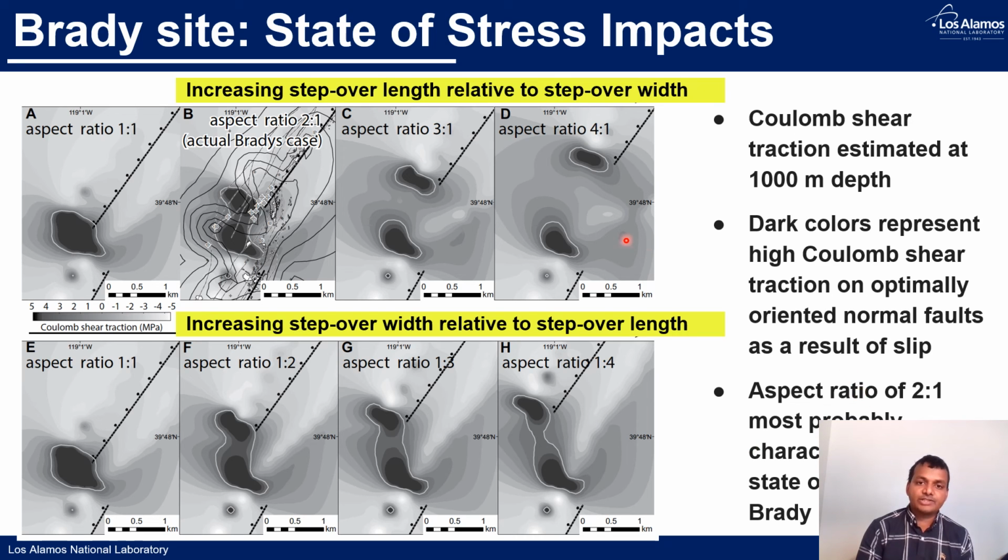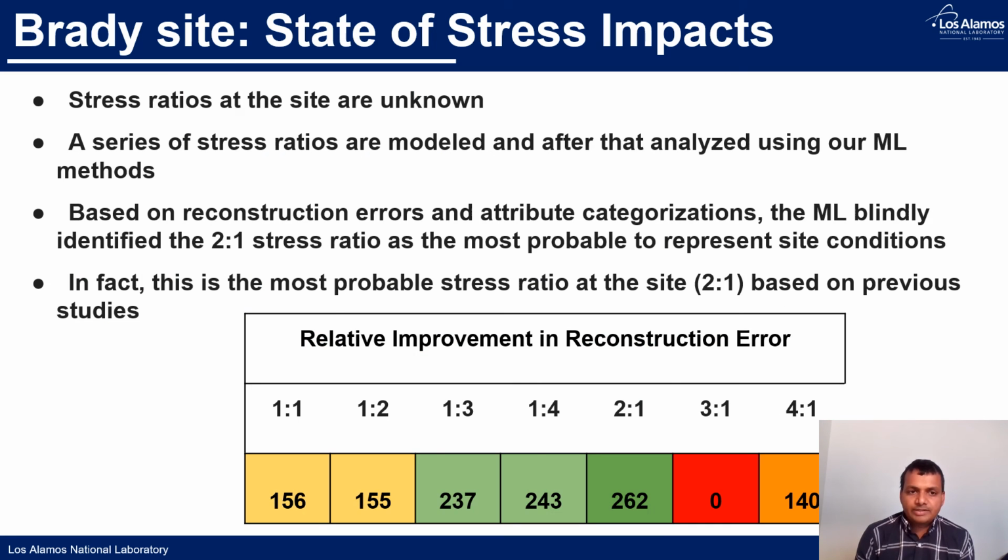The ratio is the step-over length over the step-over width. We considered 8 ratios, A, B, C, D to H, and the data was generated by Drew Seiler and published.